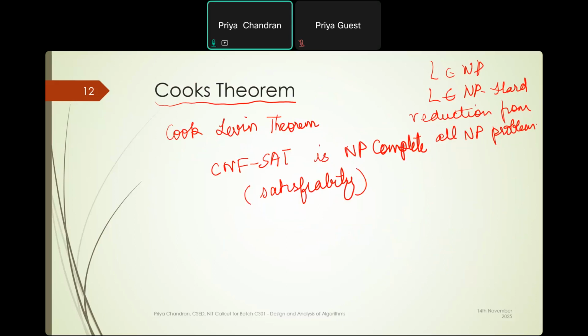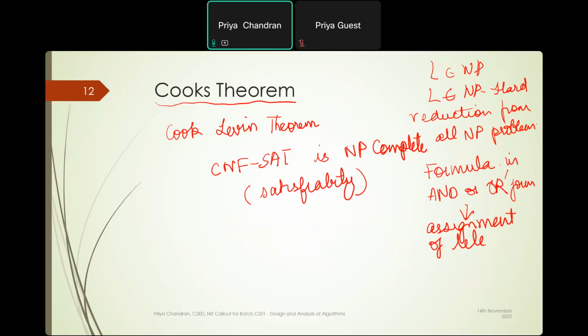CNF SAT is something we have seen before in class. You may be remembering, conjunctive normal form. We have a formula, and then we have to find an assignment of literal values to make f equal to 1.